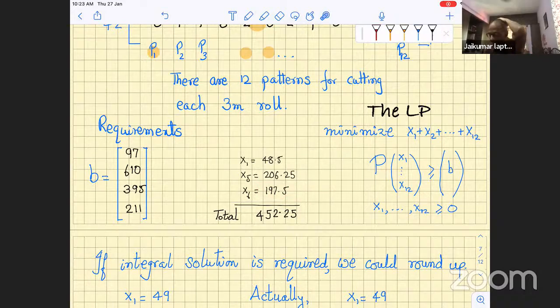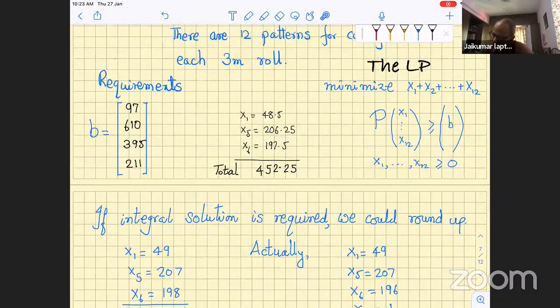Now, of course, one possibility is that when you say 48.5 rows have to be cut like this, this is not exactly an integer number. So I presume that half a roll will be kept aside, and the remaining half a roll you will cut.